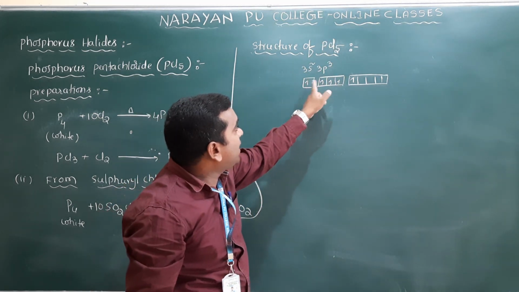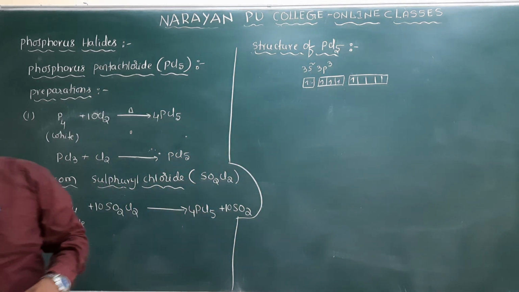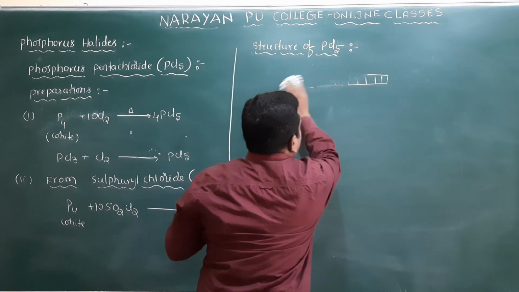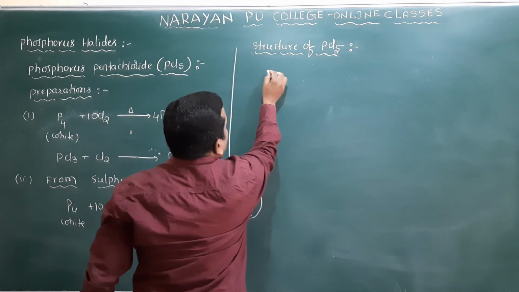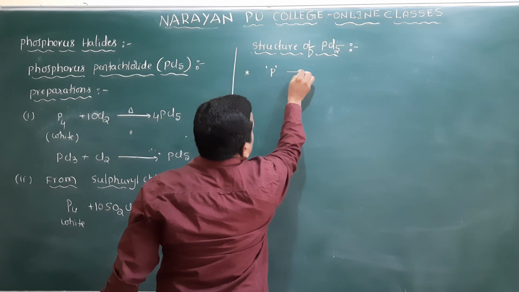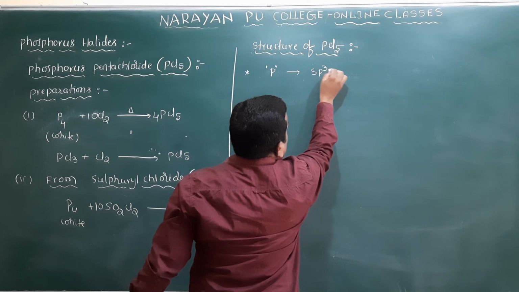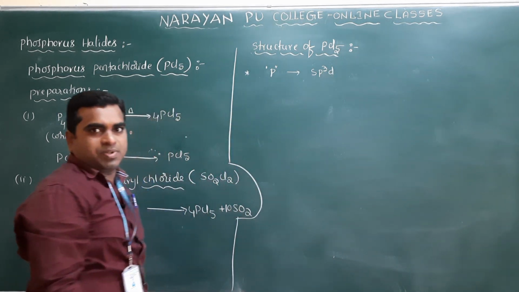Is there any lone pair of electrons on the phosphorus? No. So all are bond pairs only. And the hybridization of phosphorus in PCl5 is sp3d. Why?